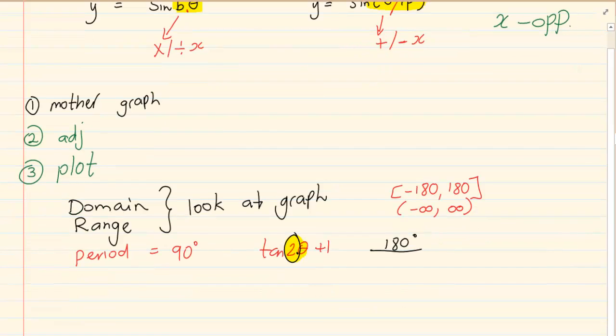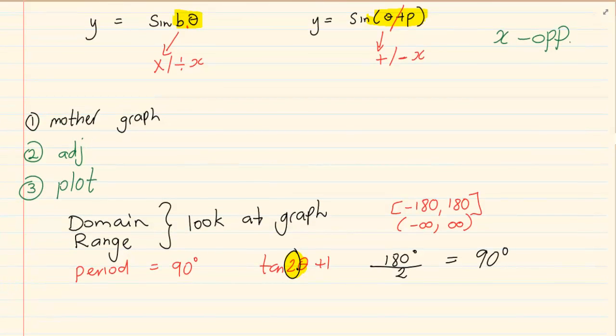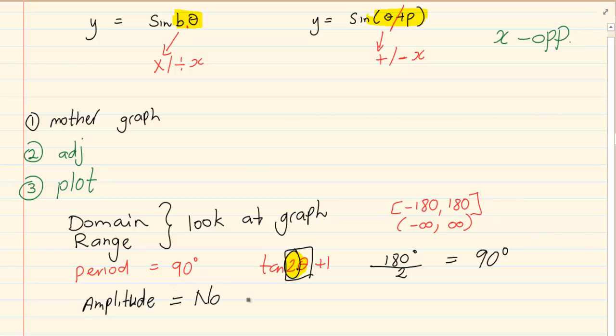And if you divide it by 2, look at what you get, 90. So to get the period, look at the question. You know the originals. If you take the original, you see the adjustment that is specifically next to theta, and that would be your period. Then they would ask you the amplitude. With a tan graph, there is no amplitude.